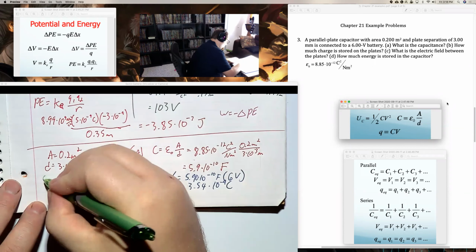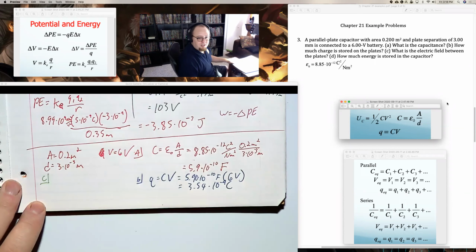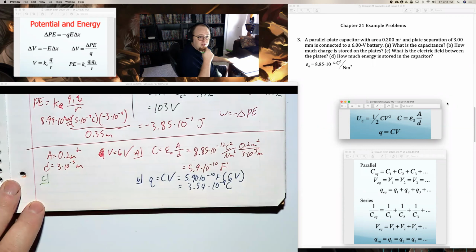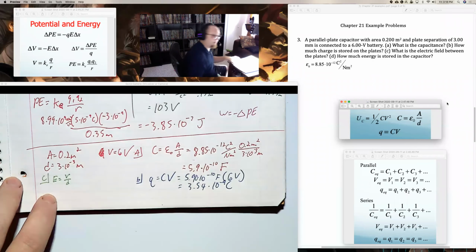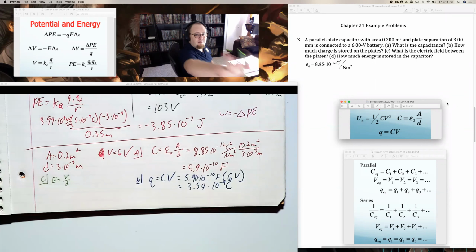And C, which I'm putting over here because I can work it logically on a piece of paper. Sorry, C: what's the electric field between the plates? That equation is not up here on any of the things I grabbed. I apologize for that. It was in the notes, though. In the notes, I said that the electric field between the plates of a capacitor is voltage over the distance between them. Sorry I didn't make that pop up.